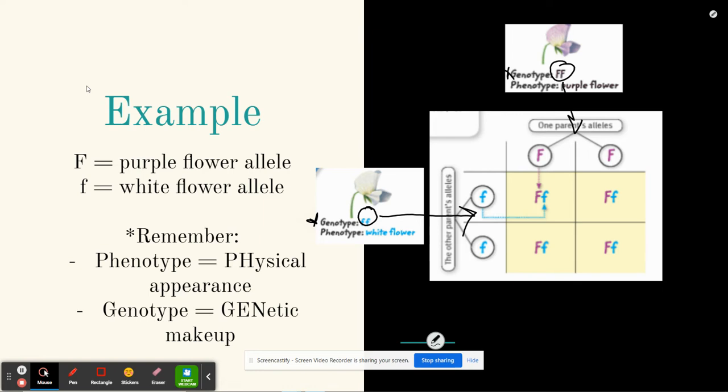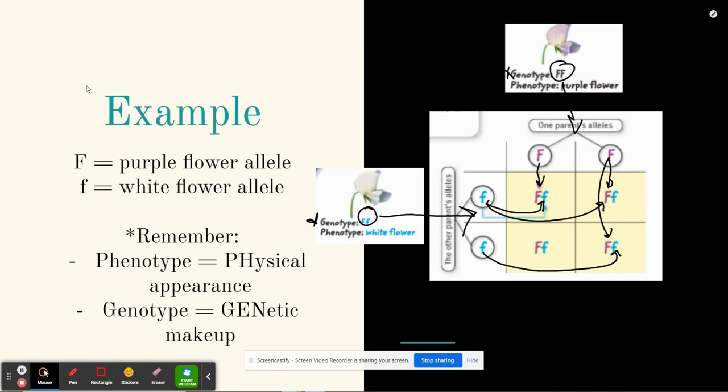So here to do an offspring, we once again drop down the top, bring the side over. Drop down the top, bring the side over. Every single one of these offspring appears as though they're going to be the exact same. They have a big F and a little f.